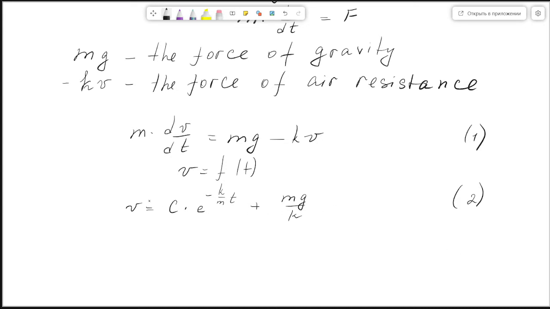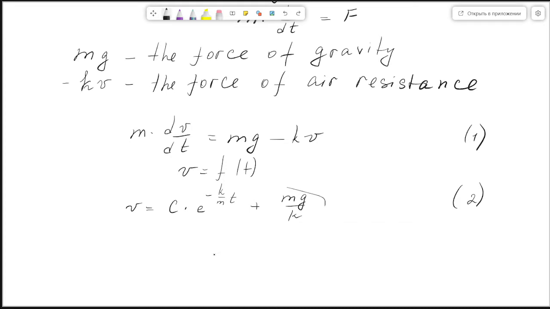The form that we wrote down satisfies equation 1 no matter what the constant c is. Which one of these functions yields the sought for dependence of v on t?